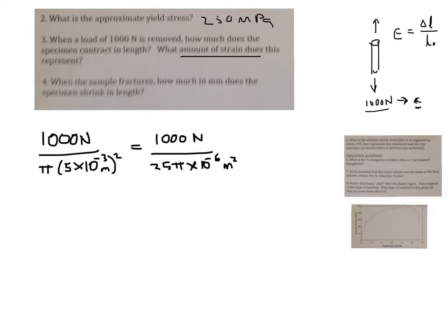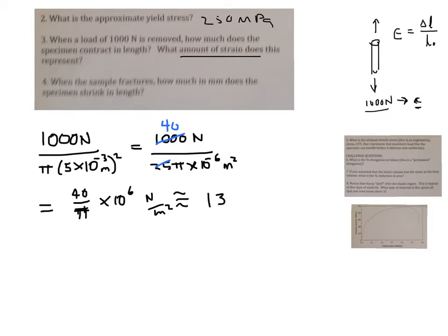And I'm going to reduce that to, let's see, 1,000 divided by 25 is going to be, what is that? Is it 40? 40 times 25, 4 is 100, yeah. So 40 over pi times 10 to the 6th newtons per meter squared. Pi is like 3.14, so 40 over 3.14 is about 13.